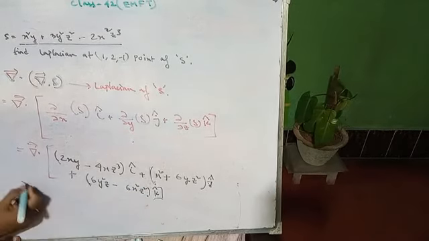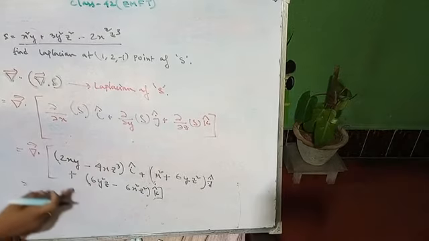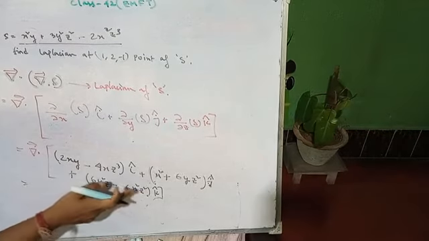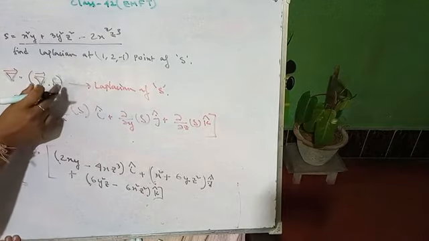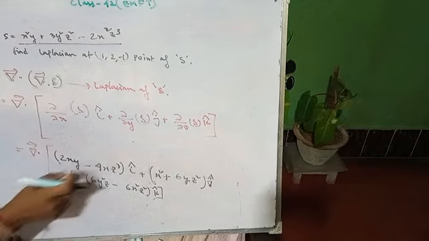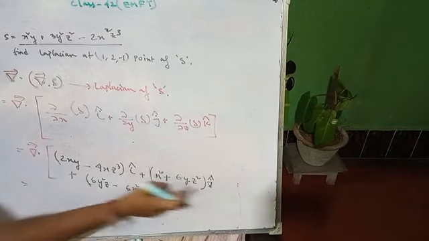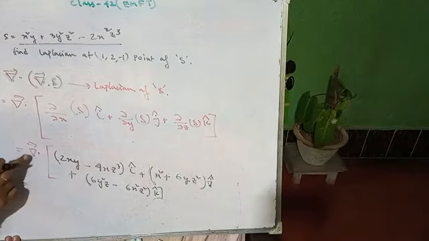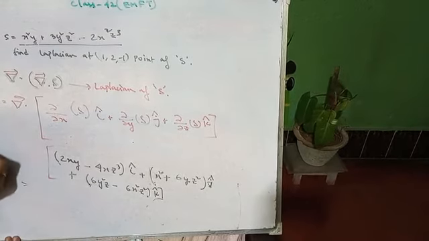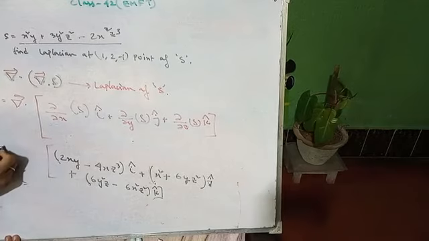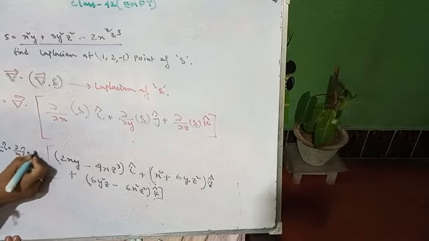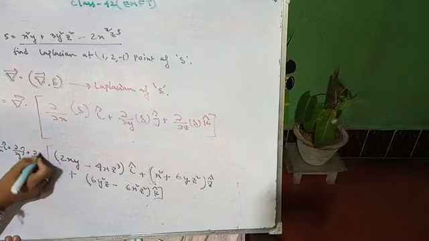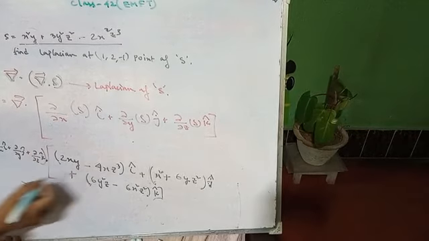Okay, so now this is your gradient of S. The gradient of any scalar represents a vector. So this is a vector quantity because i cap, j cap, k cap are present. If we expand the del operator, it is del x i cap plus del y j cap plus del z k cap, making a dot product with it.